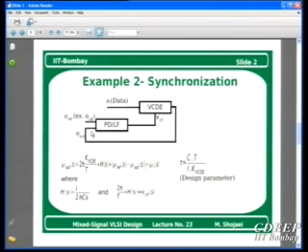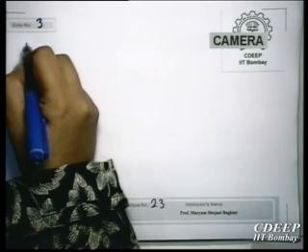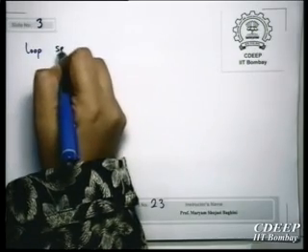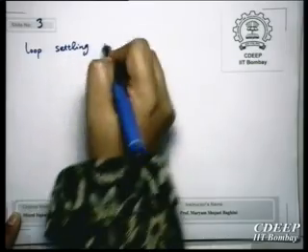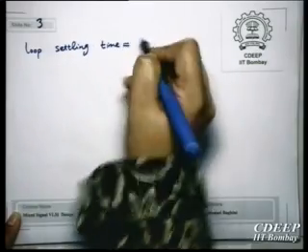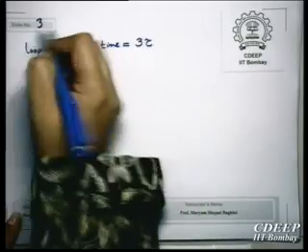Now, giving just an example. Because the time constant is this, effectively after 3 or 4 time constants the loop will settle. Suppose I consider a delay of 3 time constants, so I will say the loop settling time equals 3 tau. This is an example.